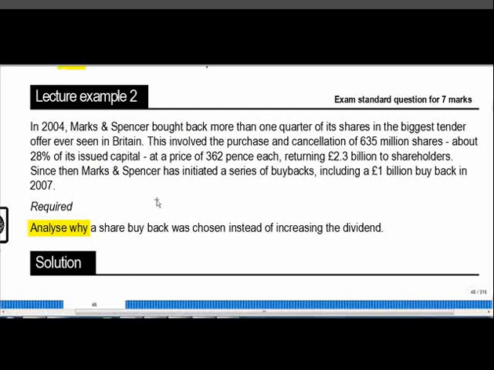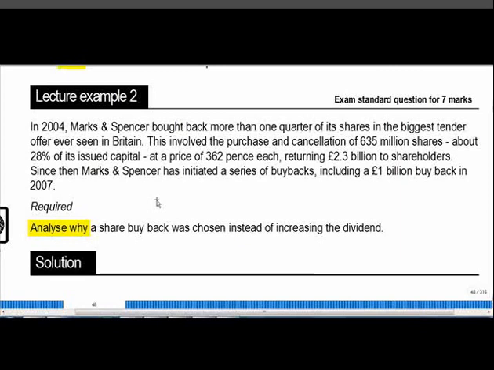So they bought back 635 million shares at a price which was a slight premium to the existing share price, £3.62. This allowed them to return £2.3 billion to their shareholders without actually increasing the dividend. And they've continued to do many buybacks since, as have many other companies.